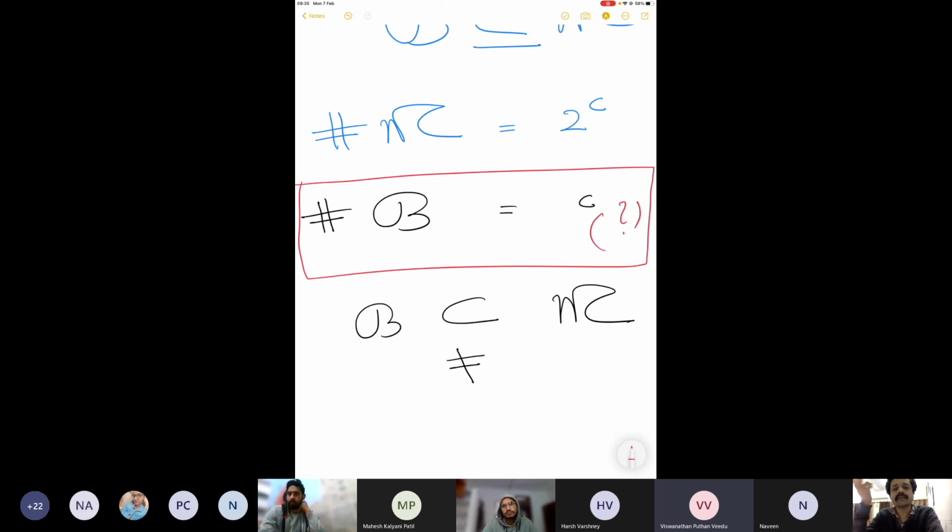Now, how do you get Borel sets or the Borel sigma algebra? By taking intersections, unions, etc. When you take countable things and combine them using union, intersection, complementation, etc., you cannot go beyond C. The maximum you can reach is C. That is the intuition.